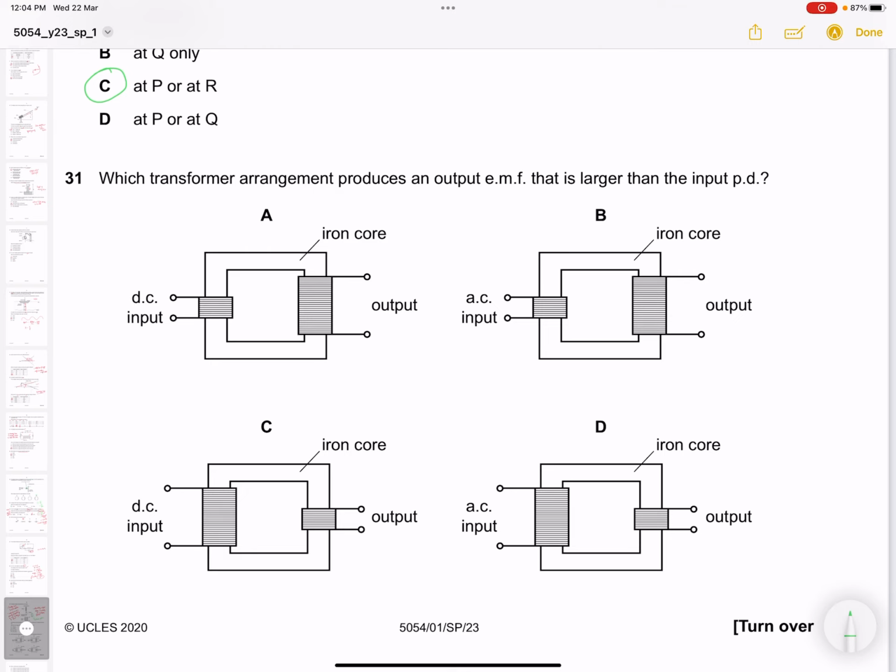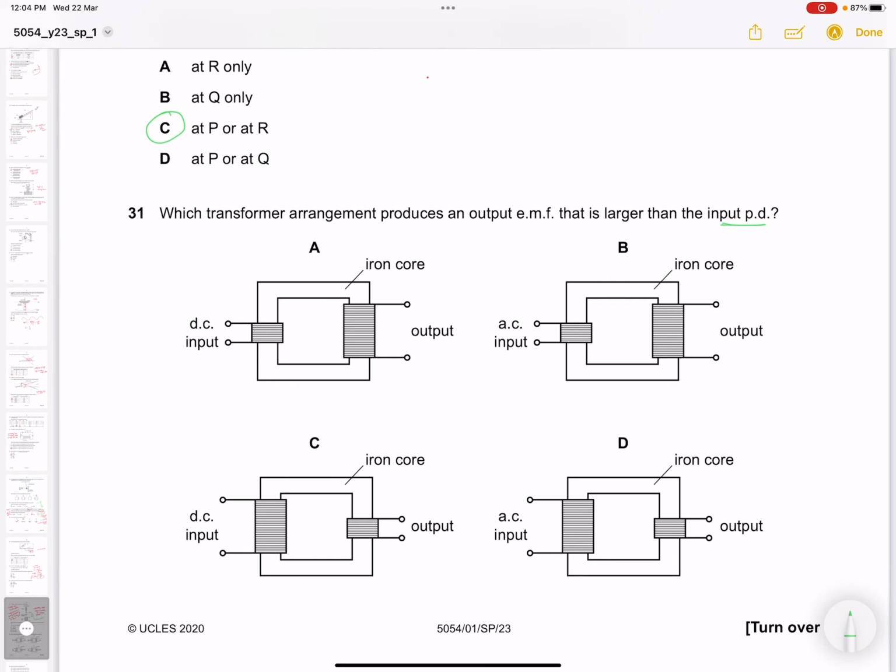Which transformer arrangement produces an output EMF that is larger than input potential difference? So output EMF is larger. We have read two types of transformers, step up transformer and step down transformer. Since they are saying output is larger, it means they are asking for a step up transformer.